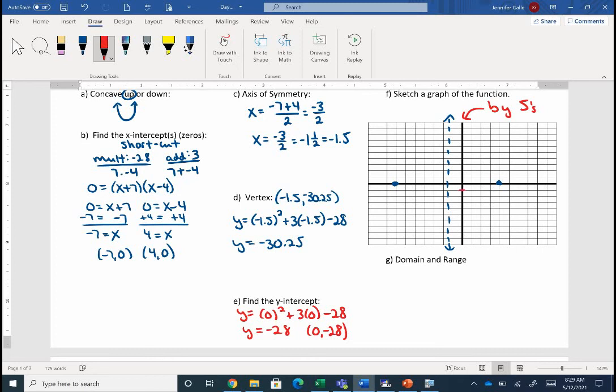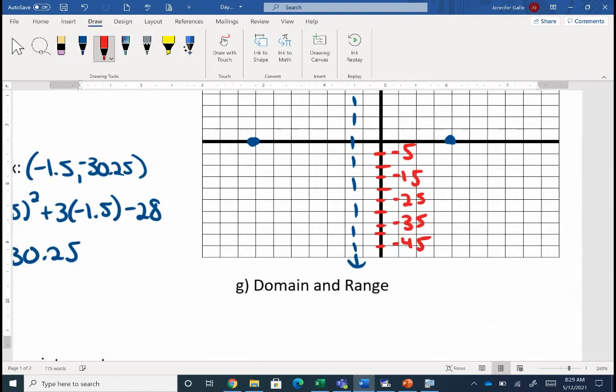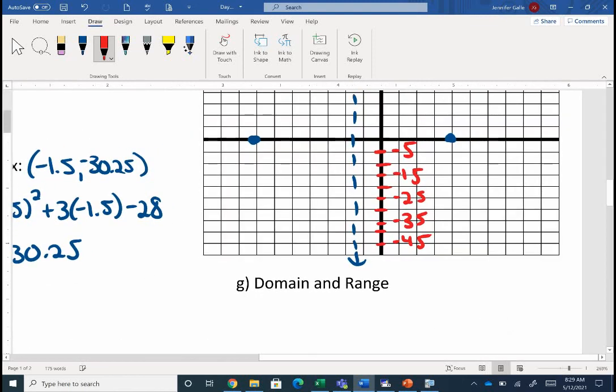All right, so I'm going to change. And we talked about this last time. If you don't have the space, I know these graphs are not very big. And I'll blow mine up here in just a second for you guys. My scale is going by 5s. I know, but Miss Gal, it looks like it's going by 10s. There's not a lot of space on the graph.